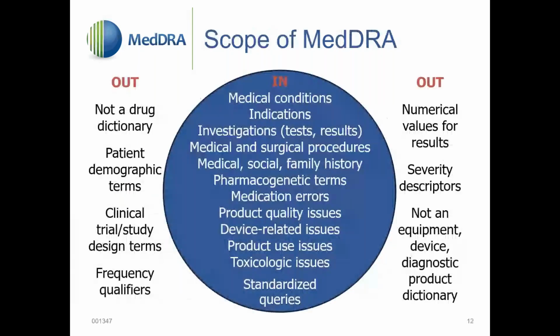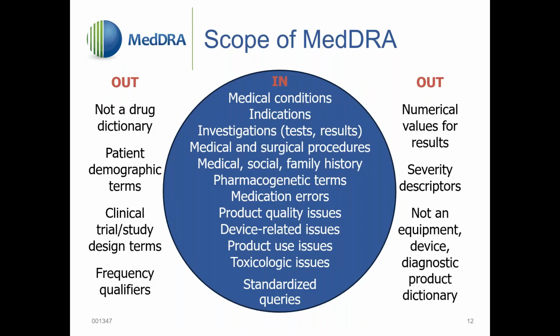This is really a key slide that shows what is in the scope of MedDRA, or what type of medical terms is covered by MedDRA. In the blue circle, you will find all medical terms and conditions that are within its scope.